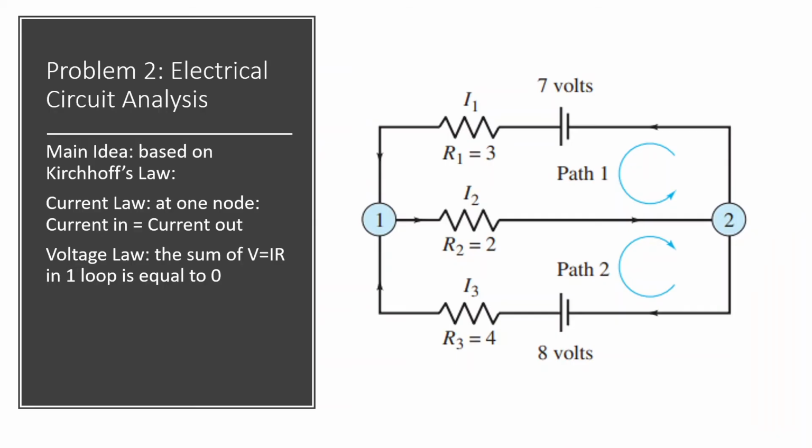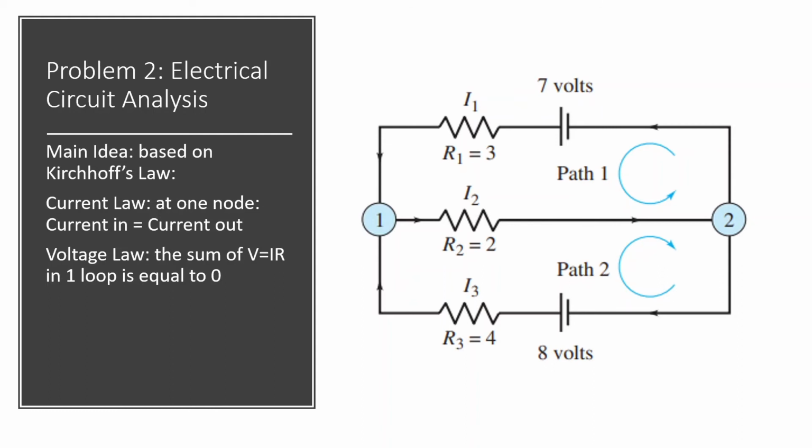So we come to the next problem, electrical circuit analysis. The main idea here is based on Kirchhoff's laws. Kirchhoff's current law says that at one node, the current in is equal to the current out.